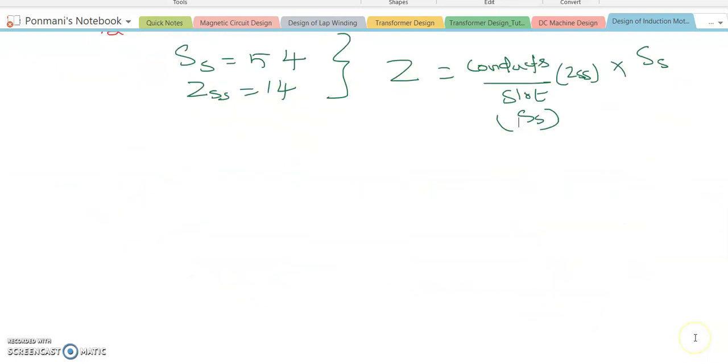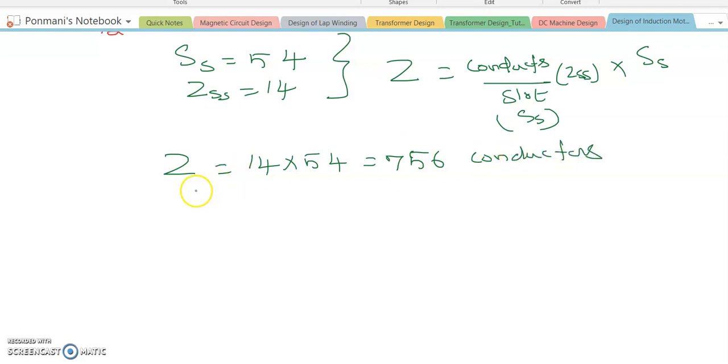On multiplying these two, you will be getting total number of conductors Z as 14 into 54, so that will be 756 conductors. So this is the final number of conductors. Already we have calculated 744, but on satisfying all the conditions, this is going to be the final number of conductors.